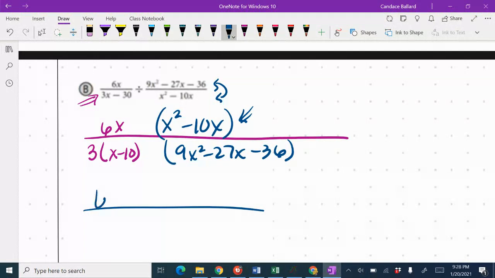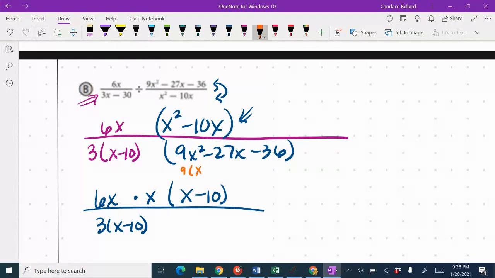So let's see, I'm getting 6x. I have a greatest common factor of x, and that would leave behind x minus 10, keeping the 3x minus 10 that I factored there already. I believe I have a greatest common factor here. It looks like it's a 9. So I'm going to do a little bit of an intermediate step. This is kind of sloppy, but I'm trying not to write 5 million lines of work.